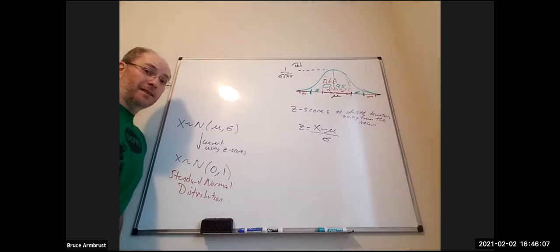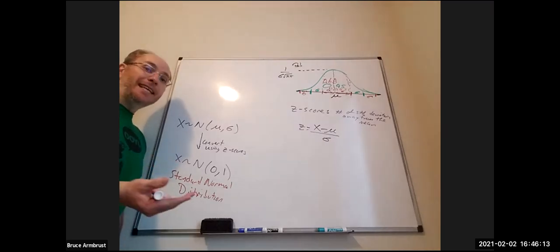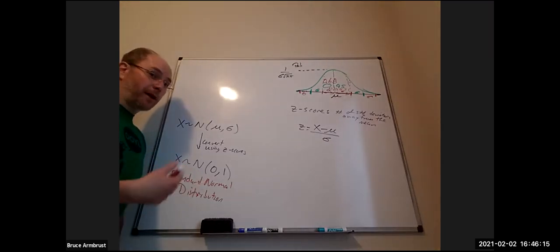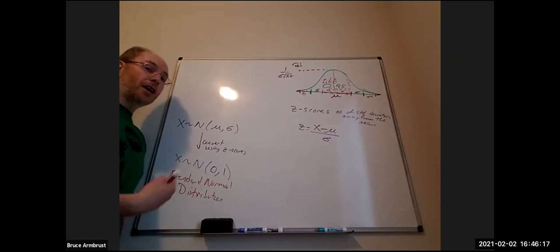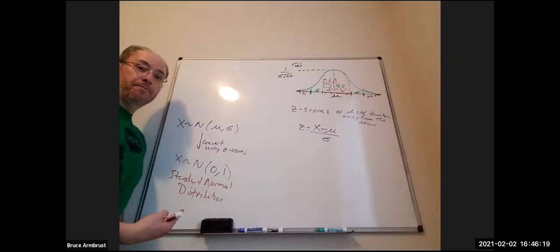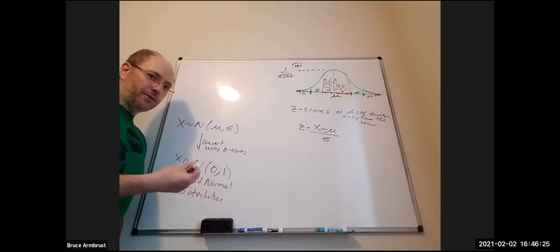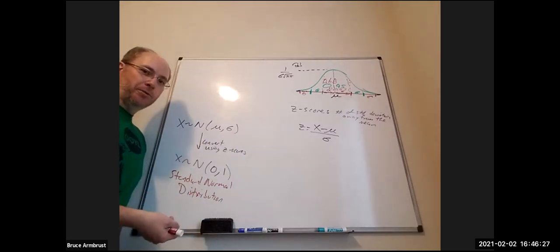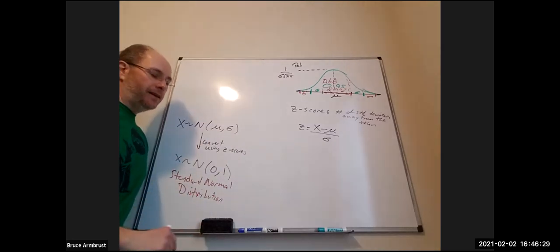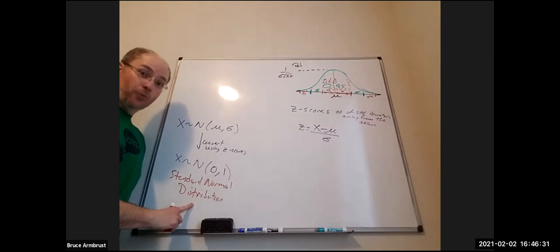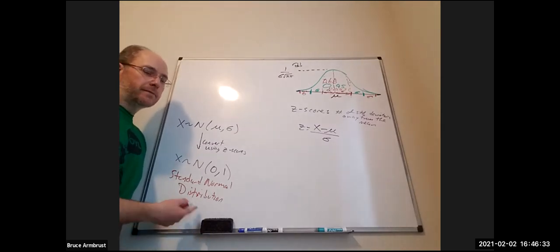No calculators and all that kind of stuff. But basically, they built a table, they built a chart for probabilities and values according to z-scores, so that then you could take whatever your normal distribution is, calculate the z-scores, and then use that table. All right. So this used to be a big deal, like a really big deal. Now, not so much, but it's still really handy.